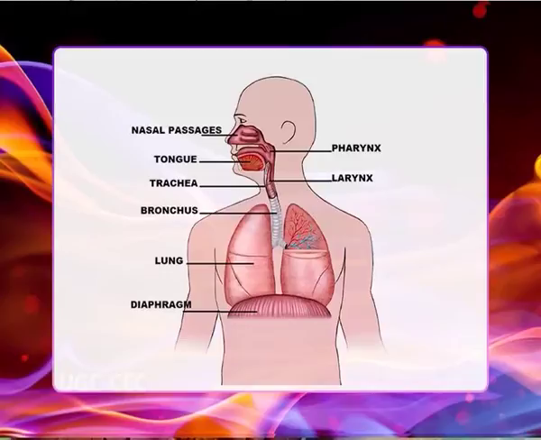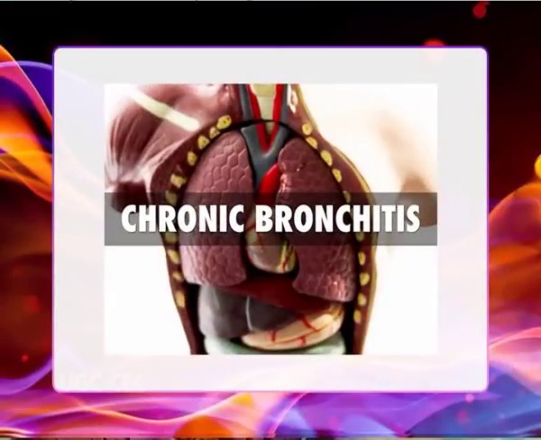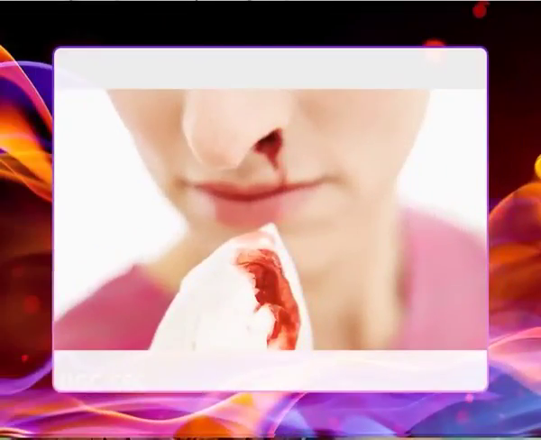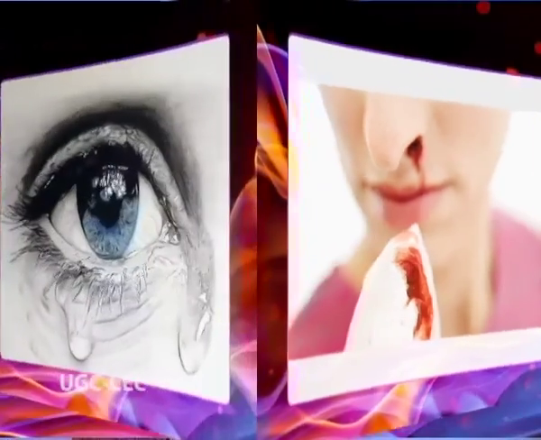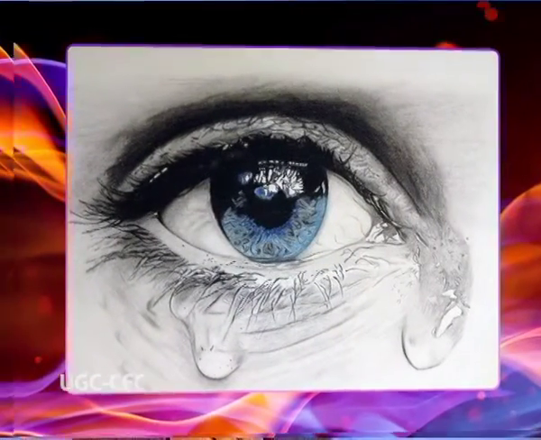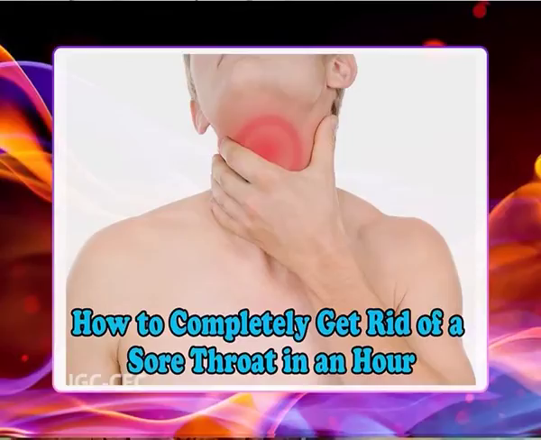Their only symptoms may be increased frequency of colds and respiratory infections. Years of such exposure could lead to chronic lung diseases such as chronic bronchitis. At higher concentrations, symptoms are more severe and may include nosebleeds, running eyes, and sore throat.